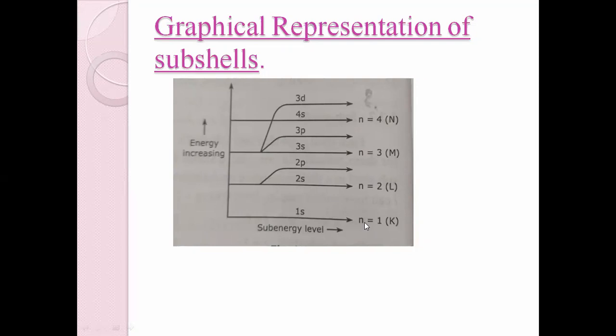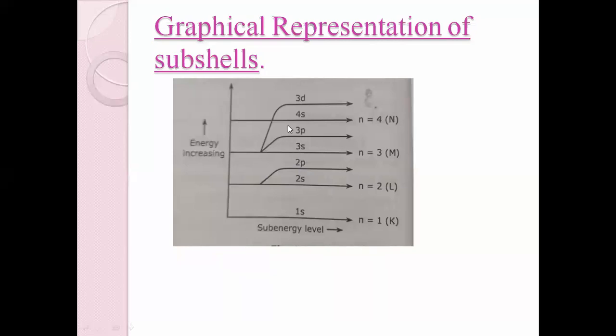जैसे कि when n is equal to 1, which is a K shell, it is the 1s subshell or 1s orbital. When n is equal to 2, it is the L main shell, which consists of 2s and 2p subshells in it. Now, if you see over here, the 2s has got lesser energy in comparison to the 2p.